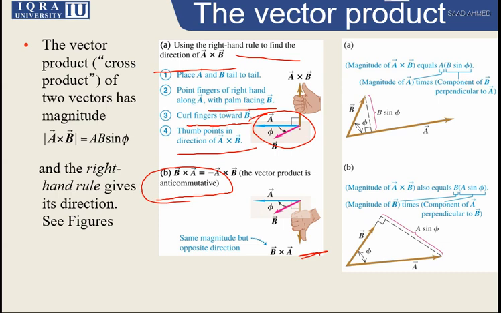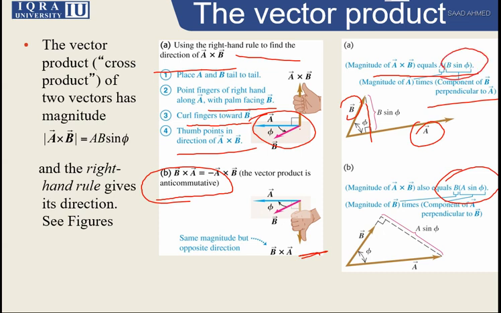The magnitude of A cross B equals AB sine theta. See, this is vector B, this is vector A, and you have this B sine theta. So it is the magnitude of A times the component of B perpendicular to A, and the magnitude of A cross B also equals B times A sine theta.